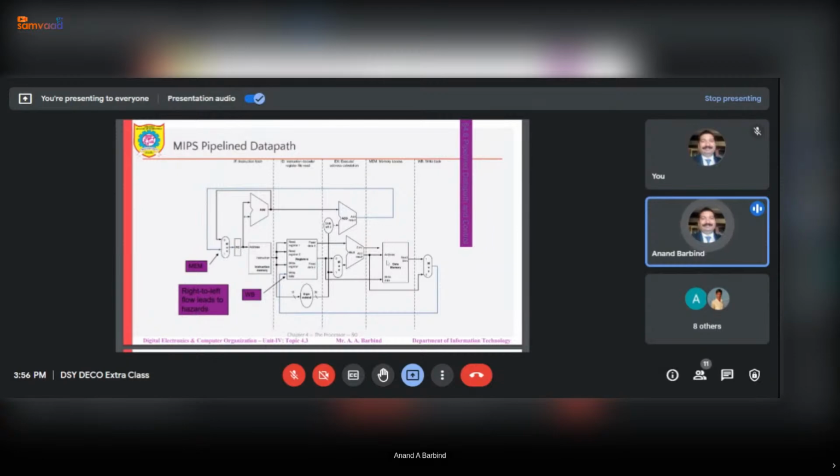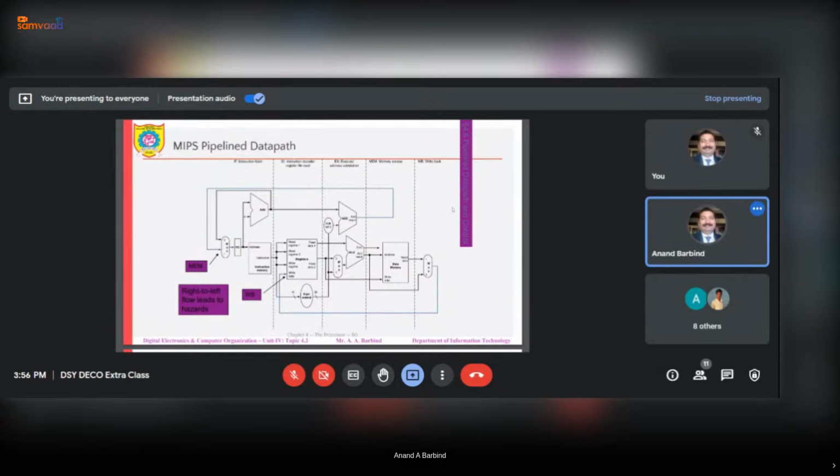Then the next unit is the memory access unit. It will access the data memory, either reading or writing. And finally, the write back to the register. Actually, for this unit a register is required, but a register is required by this unit also.